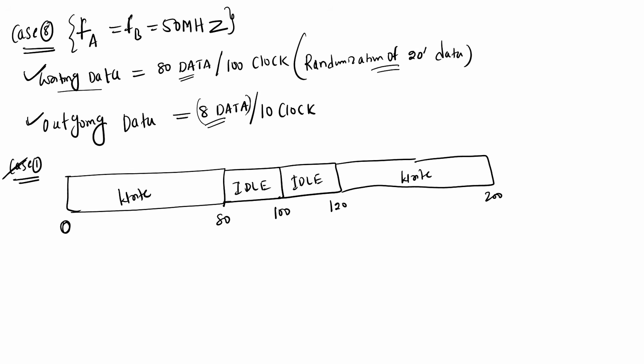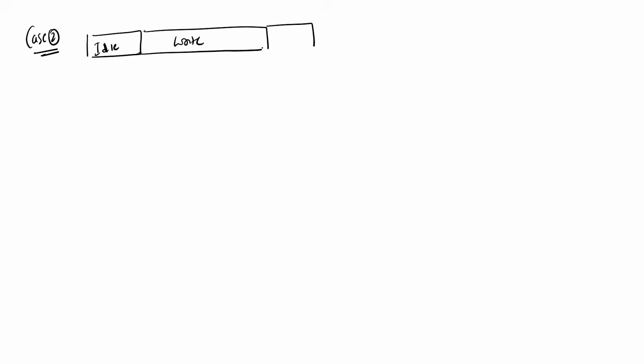And next, if you take case 2, so this is idle, and next is write, and here this is idle, and next this one is write.